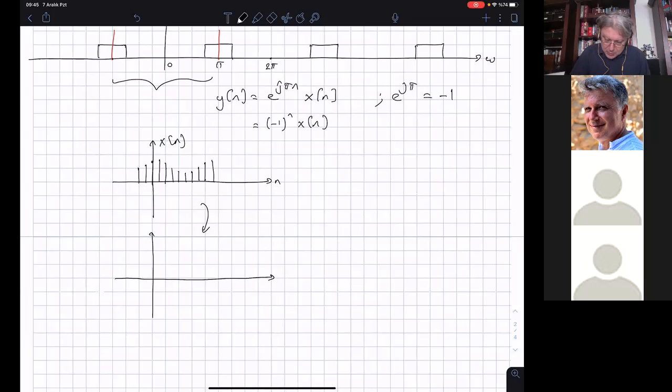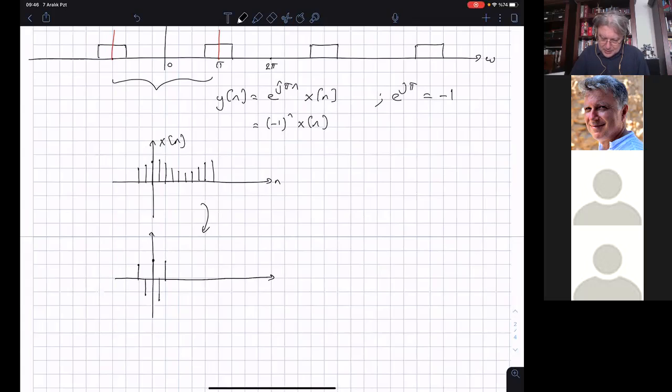So I'm going to keep the value at 0. I'm going to keep the value at minus 2. But at minus 1, I'm going to make it negative, like this. At 1, I'm going to make it negative, something like this, perhaps. I'm going to keep the value at 2.